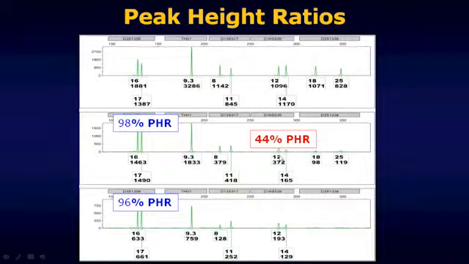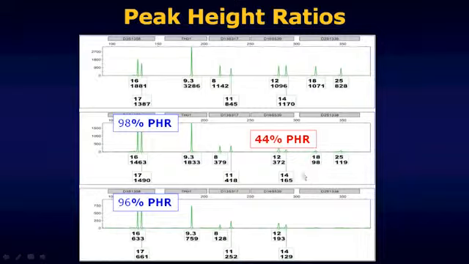Maybe the guy who gave the 12 contributed more to the mixture than the person who gave the 14. That is a viable explanation for this imbalance in the height of these two peaks. There are alternatives. Maybe we're looking here at a mixture of a 12-14 individual with a 12-12 individual. That would also explain what we're seeing with this peak height imbalance.